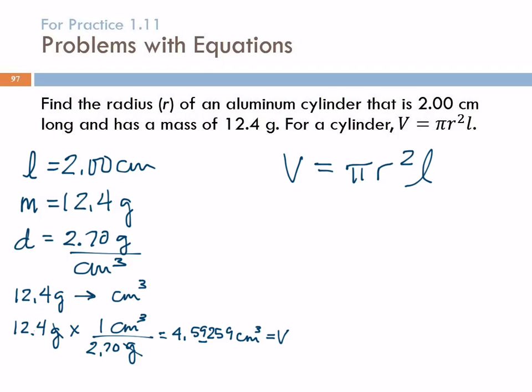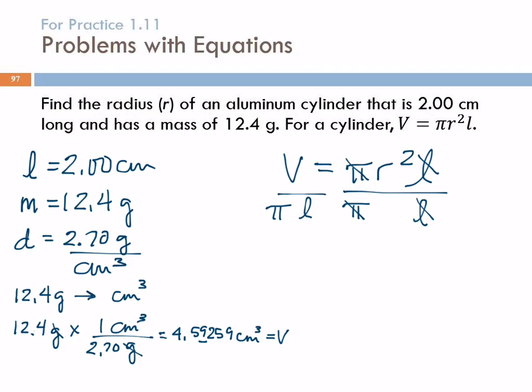Now we need to take this equation and rearrange it. We need to solve for R. So I am going to divide by pi so that pi cancels out, and I'm going to divide by L so that L cancels out. So it would be divided by pi and L. If I do it to one side, I have to do it to the other side, because for it to stay equal, we have to square root it.